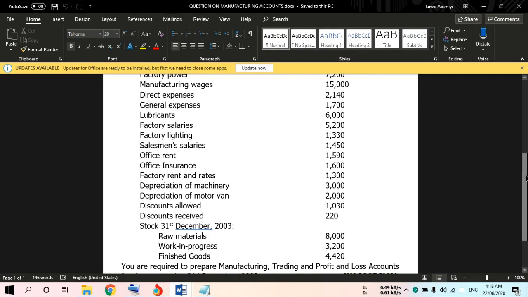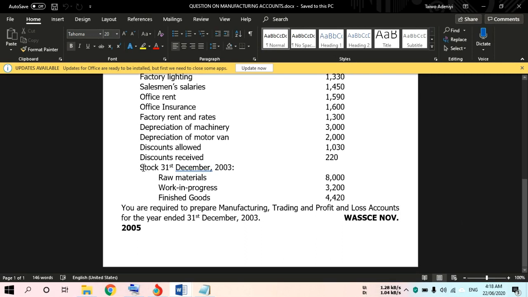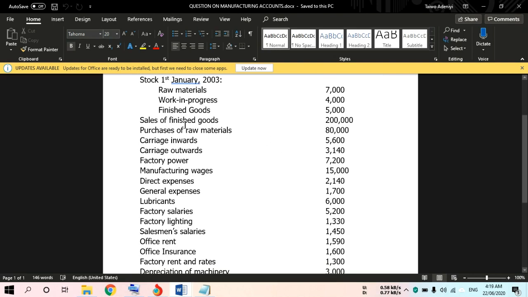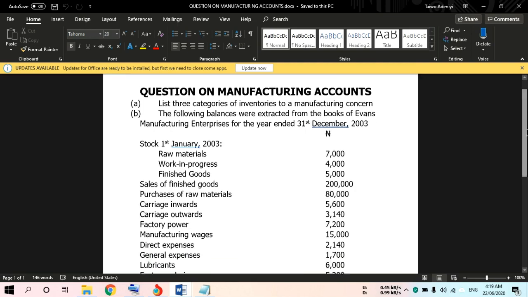Then thereafter, we are given what? The closing stock: the closing stock of raw materials, the closing stock of work in progress, and the closing stock of finished goods. And these are the items that are needed to be put in the manufacturing, trading, profit and loss account.